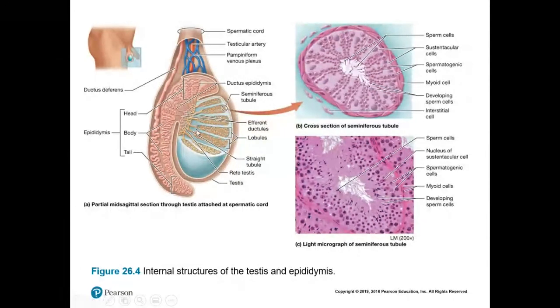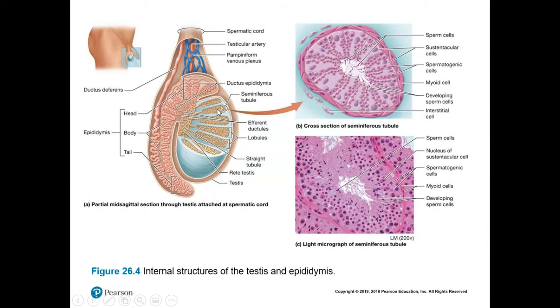Now, if we zoom in to the testes, we're going to find that the testes are divided up into lobules. These oval-shaped structures right there are called lobules. Lobules contain seminiferous tubules inside of them. This is the spelling.